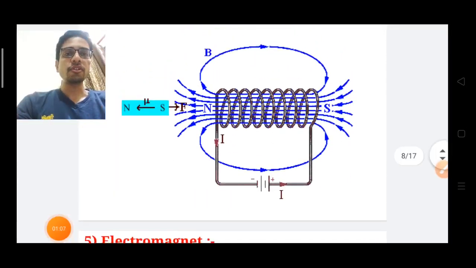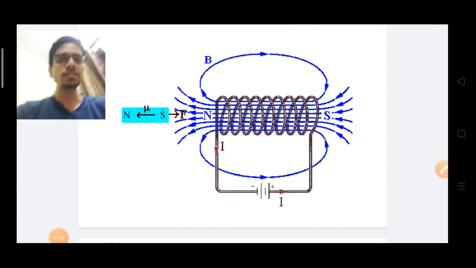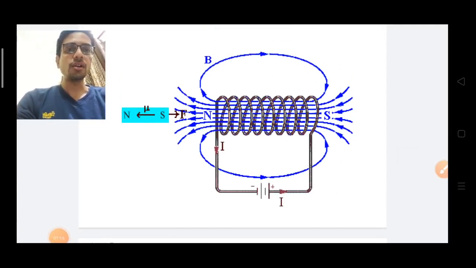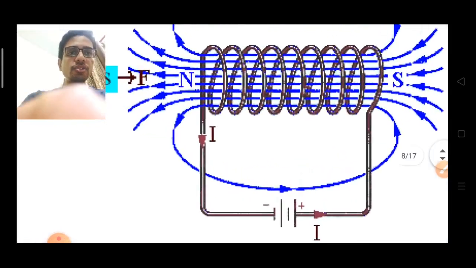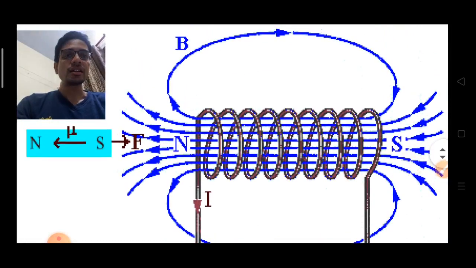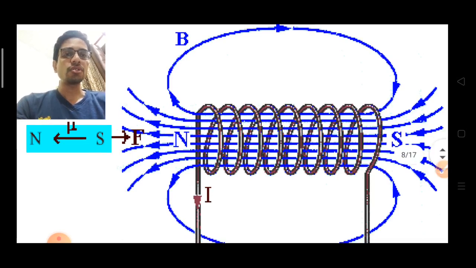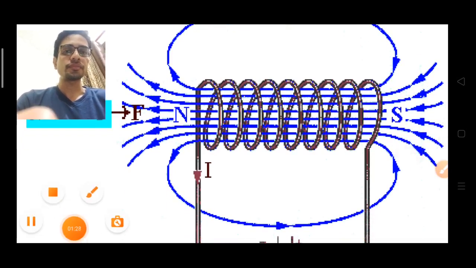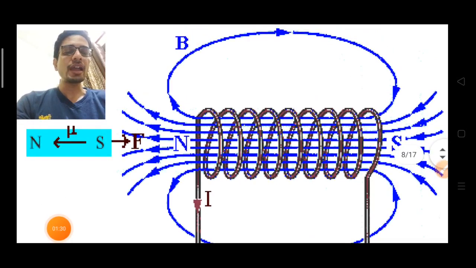What is an electromagnet? You know about the solenoid: it is a coil of many turns of insulated copper wire. You can see there are many turns, and the field lines are exactly like a bar magnet, outside from north to south and inside from south to north. So what is an electromagnet?